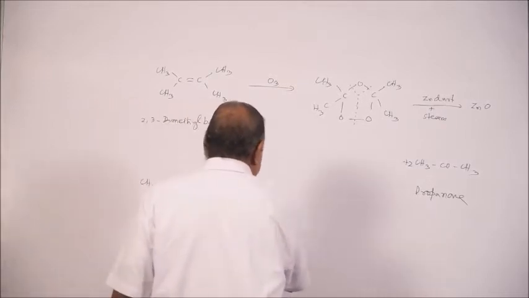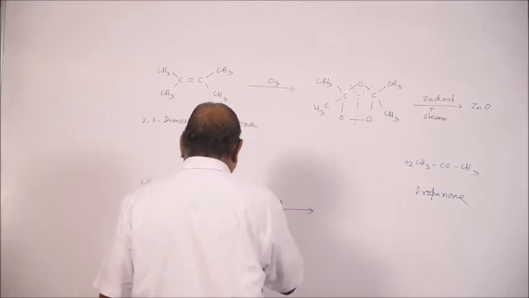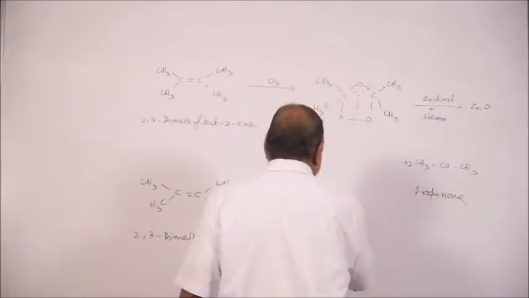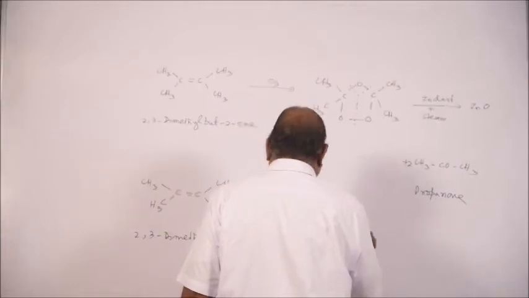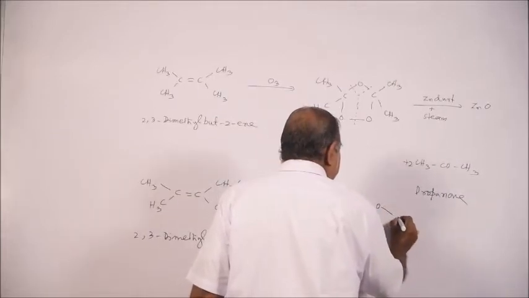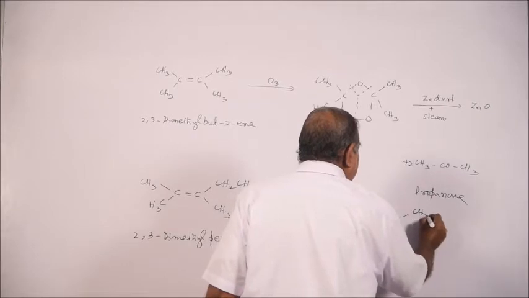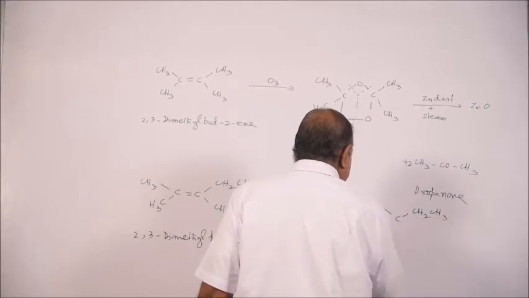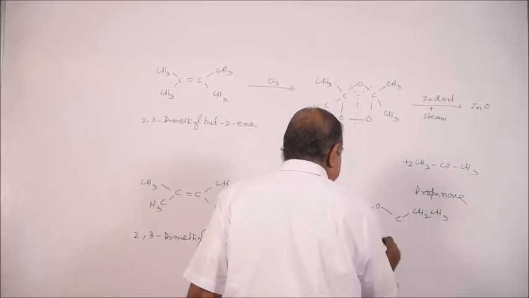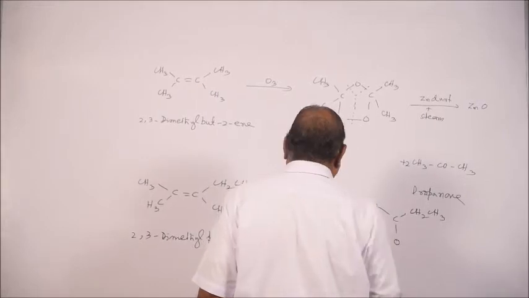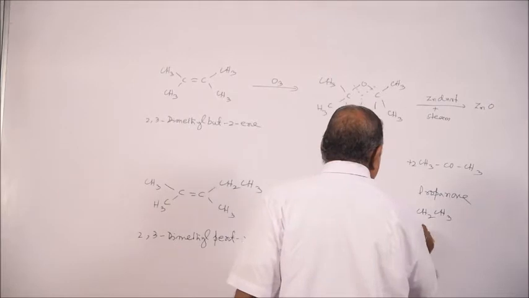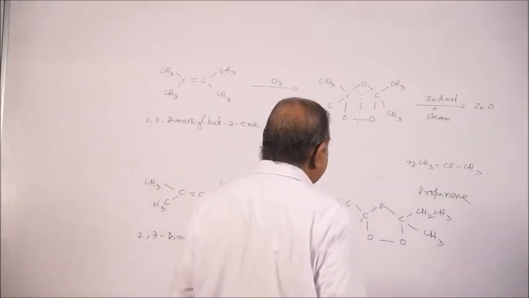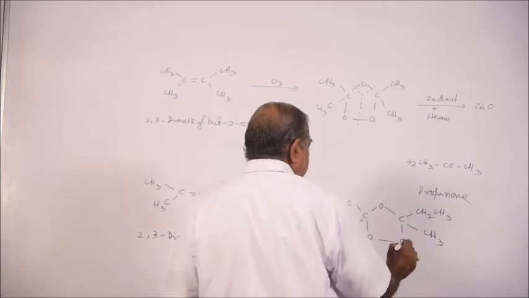When it is subjected to ozonolysis, first step, add ozone across the carbon-carbon double bond, as I have told you. One molecule of ozone is added where there was the carbon-carbon double bond.